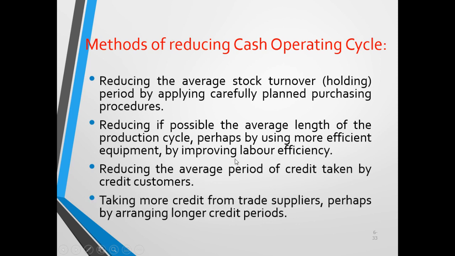Taking more credit from trade suppliers, perhaps by arranging a longer credit period. So again, from your trade suppliers, if you have good negotiation skills or a long relationship with them, you can negotiate better or longer credit terms. So all these factors can improve your operating cycle.